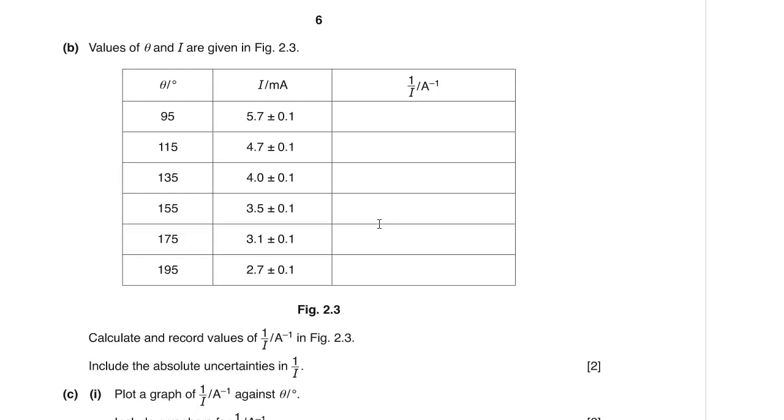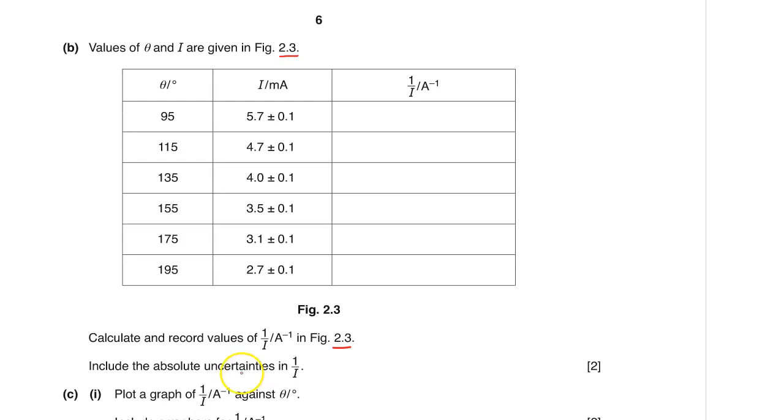Part B. Values of theta and I are given in Fig 2.3. We have theta in degrees and current in milliamperes. Then we have the reciprocal of the current here. Calculate the values of the reciprocal of current in Fig 2.3.